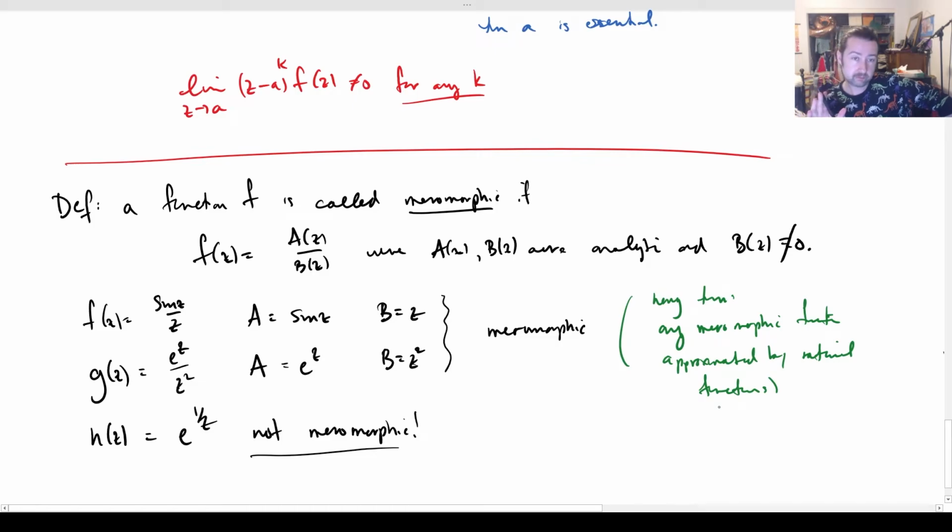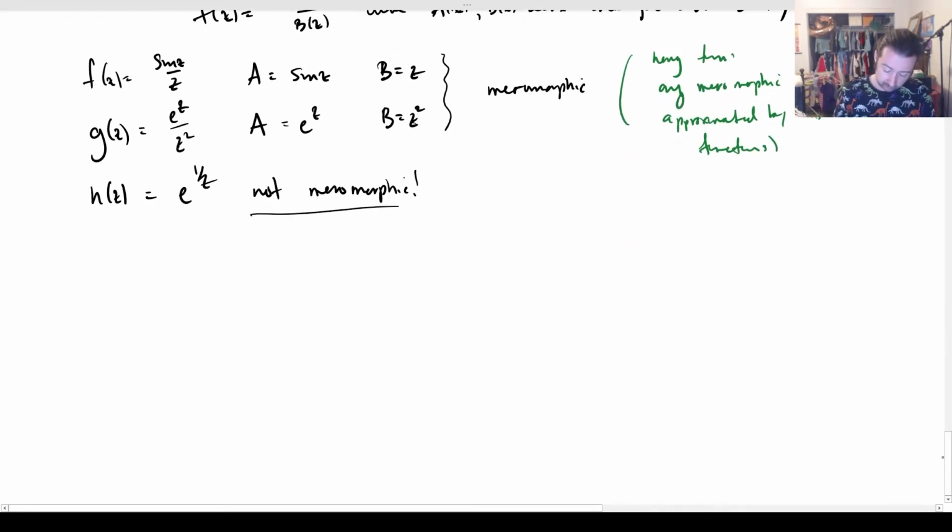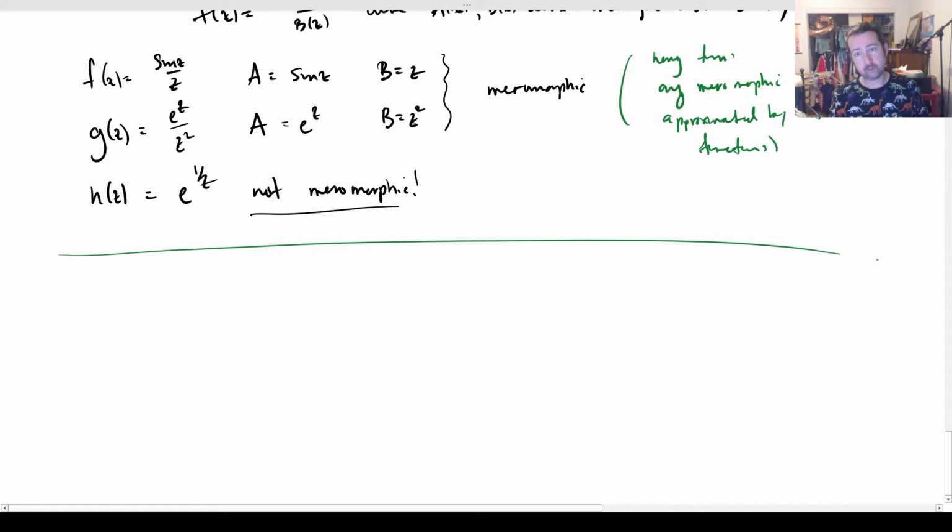So normally when we compute the power series of either a meromorphic function or a function with an essential singularity, the easiest way to do it is the sort of computations that we've already done. So we wrote down that sine of z over z turned out to be equal to 1 minus z squared over 3 factorial plus z to the 4th over 5 factorial, and so on.